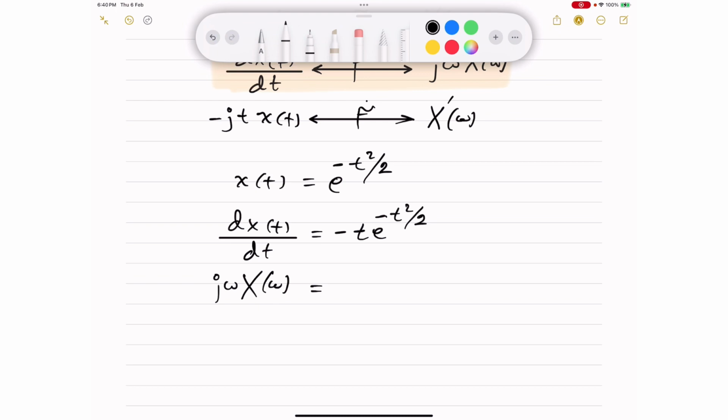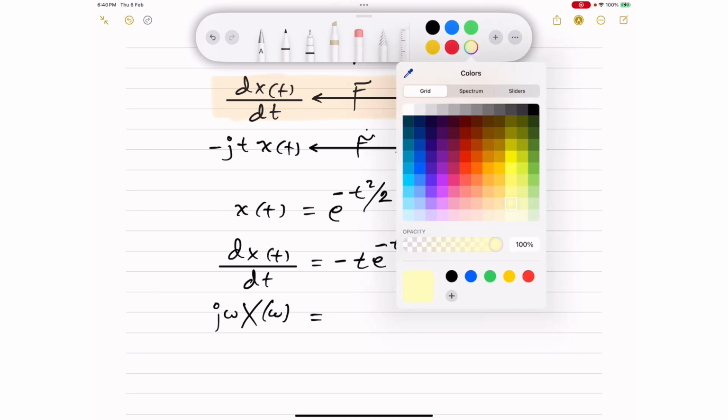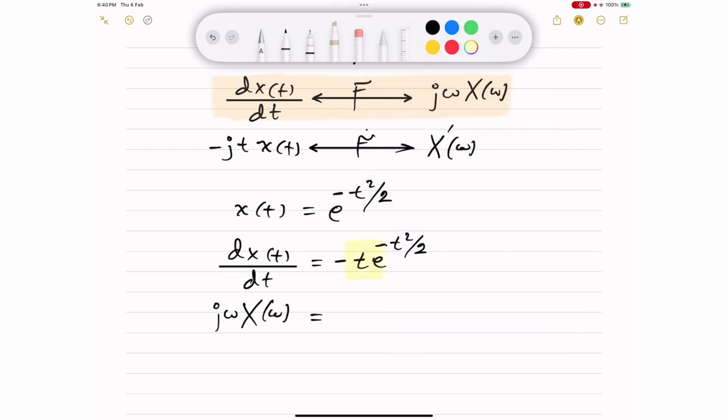Now, if we focus on the right-hand side, it should remind us of the second property. This here with negative t and a function of t would remind us of this property here. So we can benefit from the frequency differentiation property, but we're missing j. So what we do, we're going to multiply by j and divide by j.